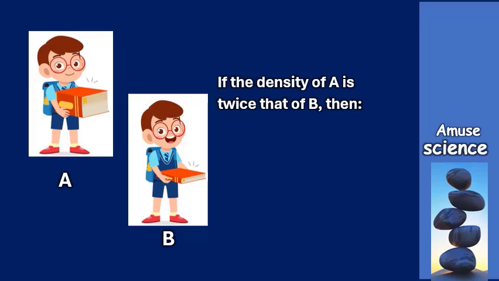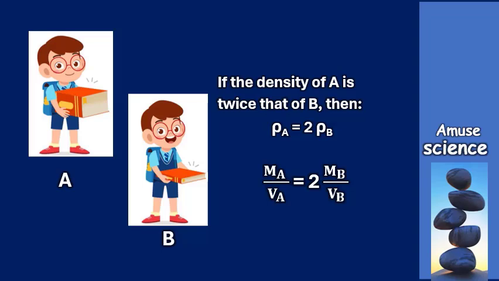Alright, if the density of object A is twice that of object B, then we can say that the density of object A is equal to 2 times the density of object B. In symbols, rho A is equal to 2 rho B. So in symbols, we are going to have MA over VA is equal to 2MB over VB.